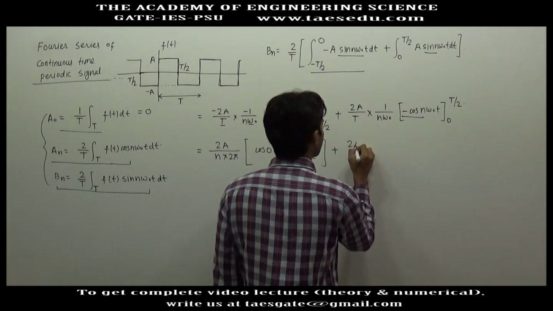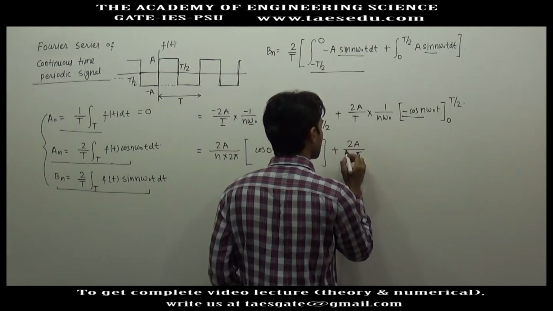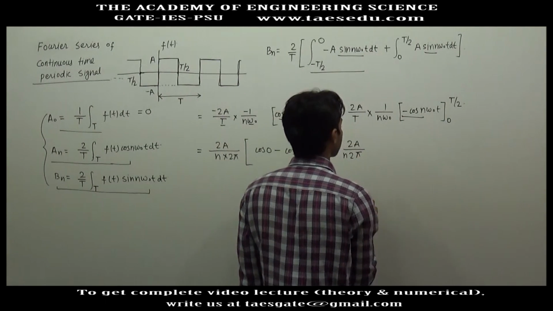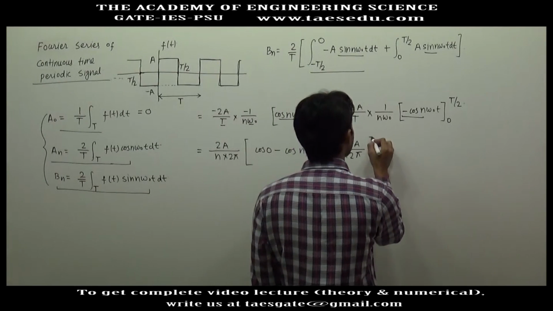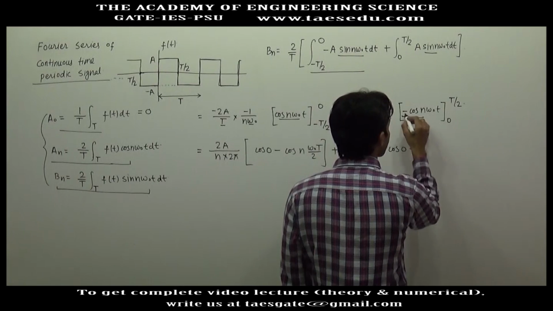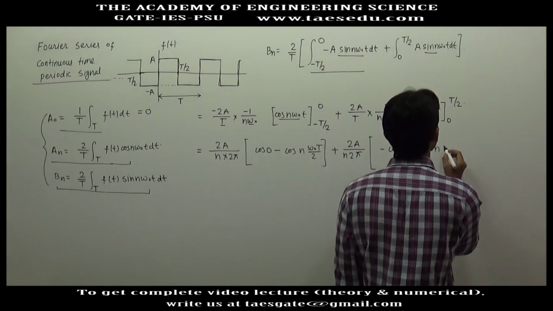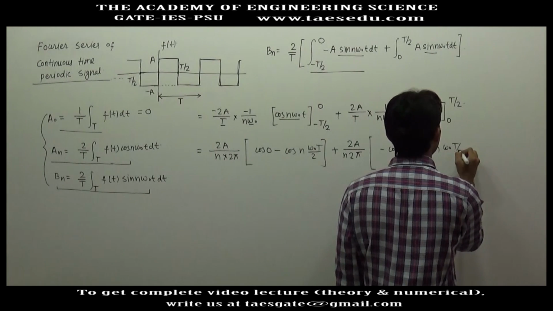Plus 2A by n into 2 pi, here we will have minus cos 0, and minus minus will be plus cos n omega naught T by 2.